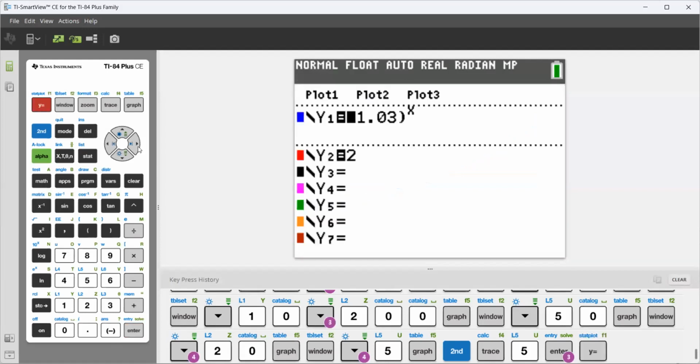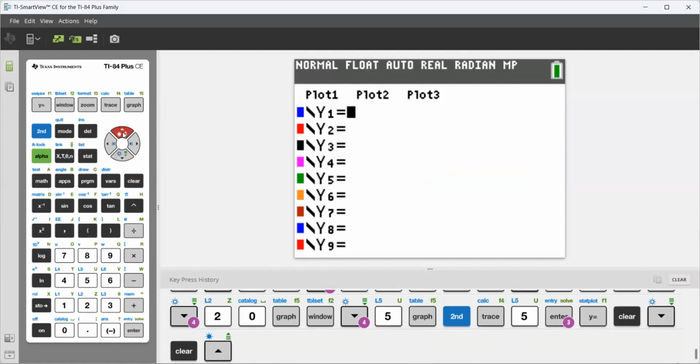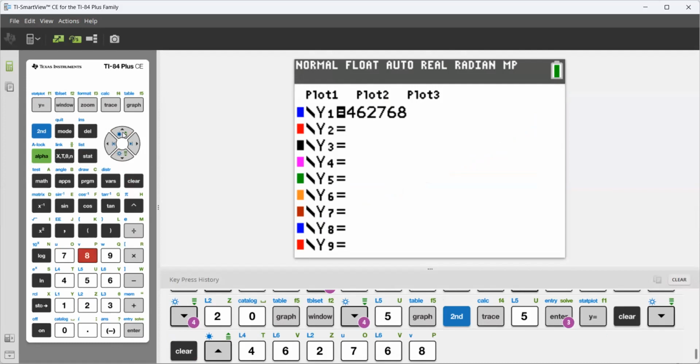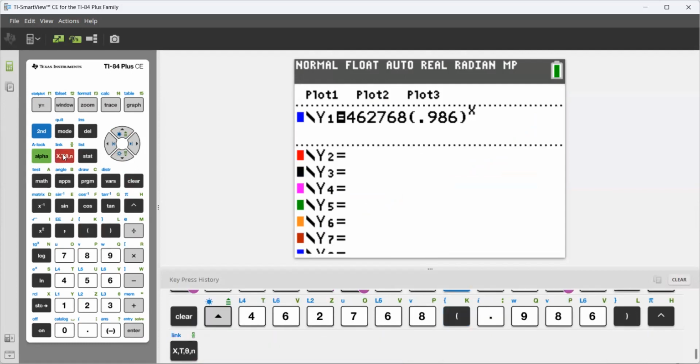So we go to y equals, and then we erase that. So y1 is 462,768, sorry, times 0.986 raised to the power x.